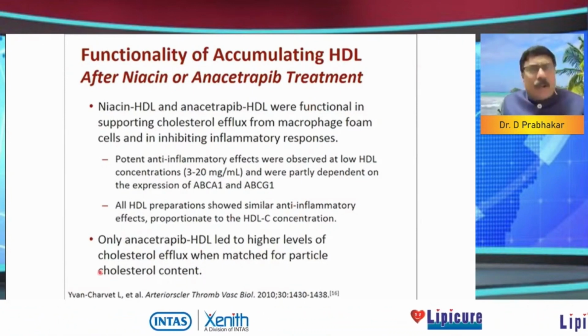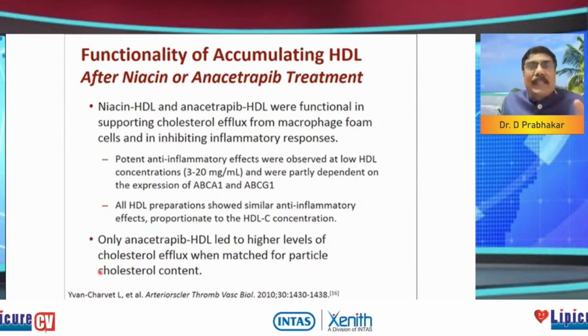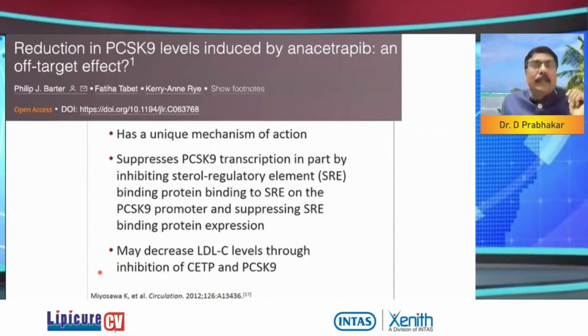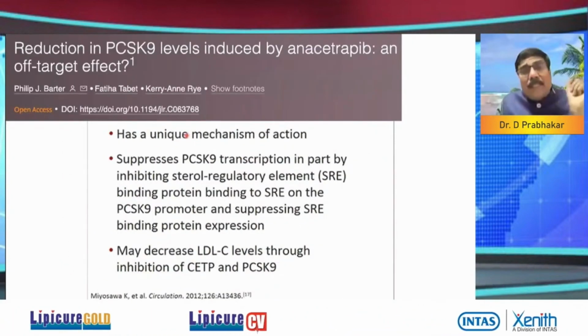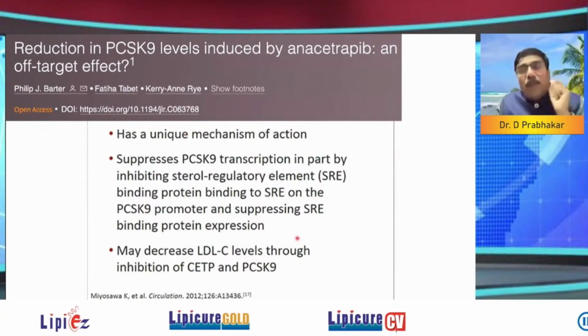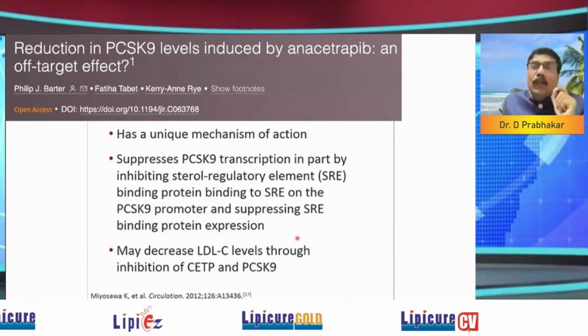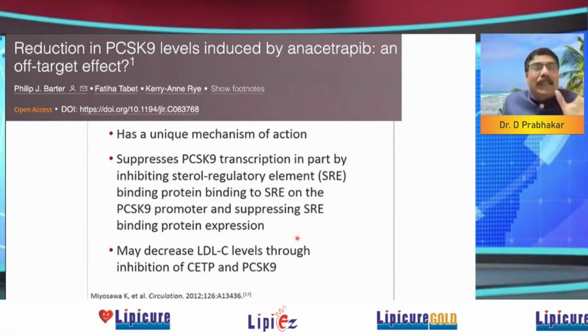It's not strongly proven, but there is some difference between the increase in HDL between the anacetrapib and the nicotinic acid or the niacin. The other interesting point is that there is a reduction in the PCSK9 activity. PCSK9 transcription has been reduced, and this may be one of the reasons why the LDL cholesterol comes down. So you have a little bit of PCSK9 activity also with anacetrapib, and there is some data to prove this effect.